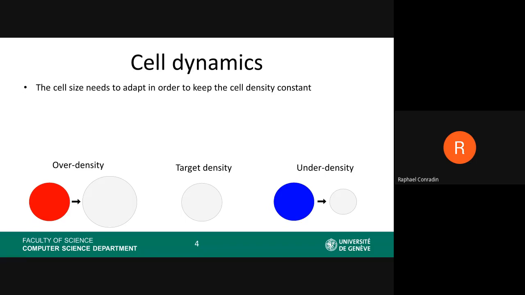And when the cells are under density, the cells have to shrink. To implement that process, we link the density to the pressure inside the cells. So it's not an absolute pressure, but just a relative pressure.